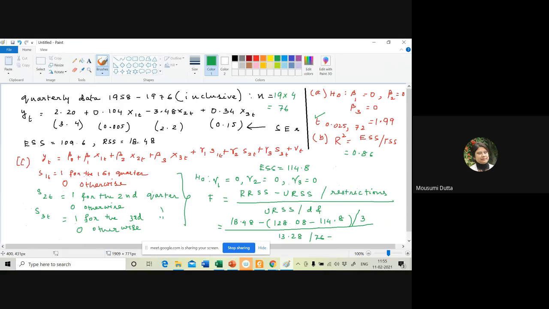If and only if I incorporate gamma 1, gamma 2, gamma 3 along with beta naught, beta 1, beta 2, beta 3, I'm talking about the unrestricted model. So there are 7 parameters in the unrestricted model. Okay.